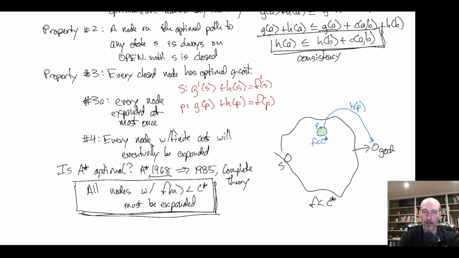So that gives us an overview of A star. A star is a unidirectional search algorithm, so the only thing we give is the ability to search forward with a fixed heuristic that we're providing to the algorithm.